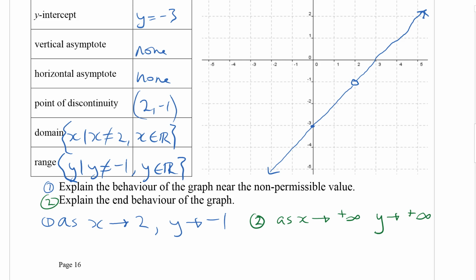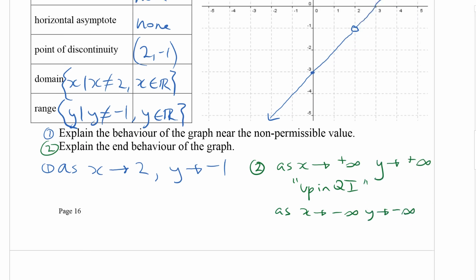Or another way we could say it is up in quadrant 1. The other one is as x approaches negative infinity, y also approaches negative infinity, or another way we could say is down in quadrant 3. So two different ways of talking about it. This one has the fancy arrows and approaching idea. This one just says it goes up in quadrant 1 and down in quadrant 3.